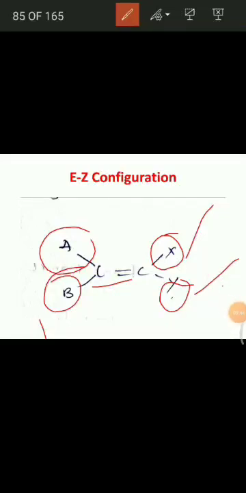If the same priority groups are on the same side, then Z configuration. If the same priority groups are on opposite sides, then it is an E configured molecule.